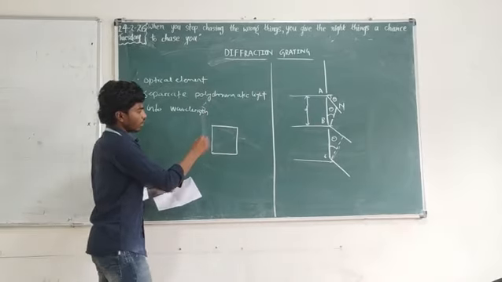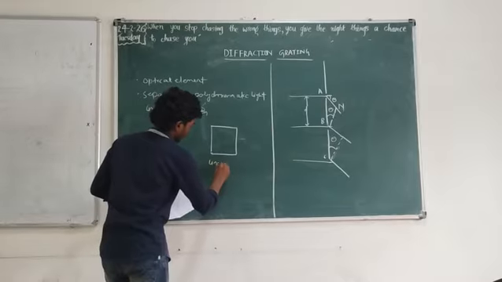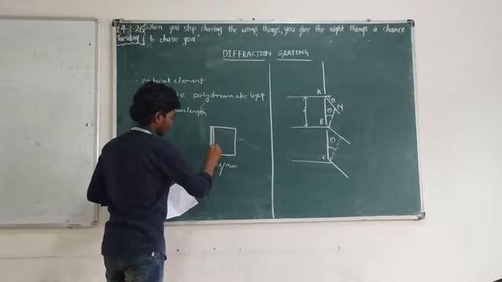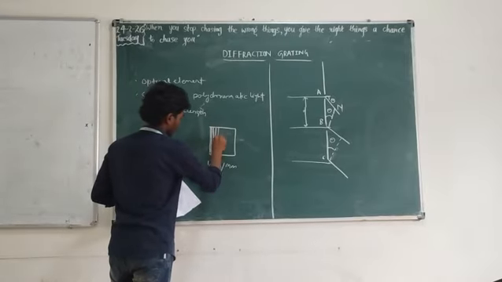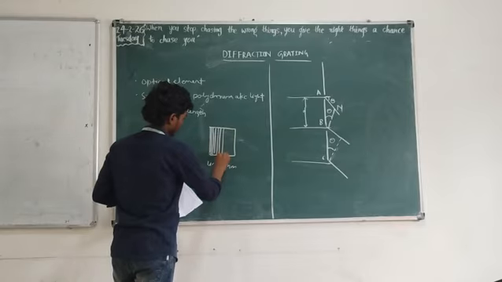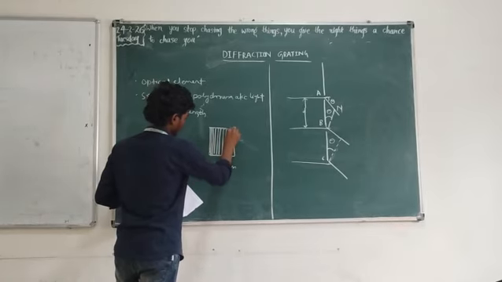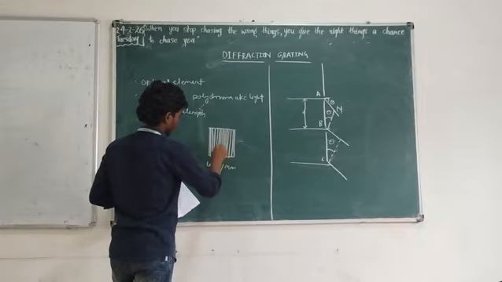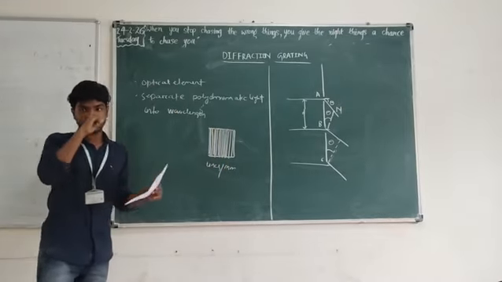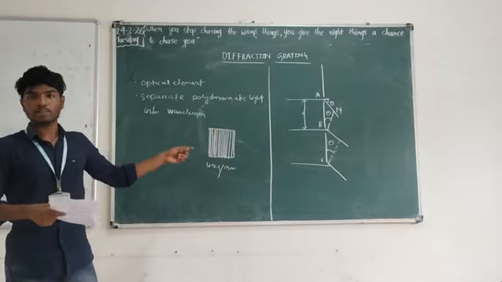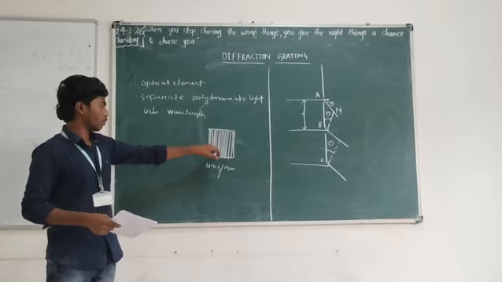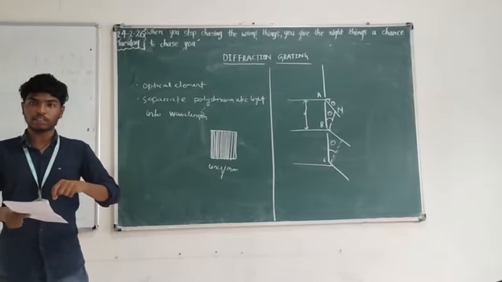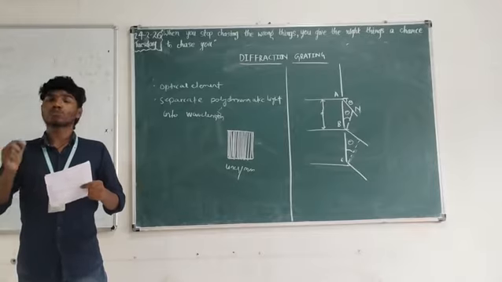If we consider lines per millimeter and natural light, if you look closely you can observe more lines, but due to the space I have drawn only this one line. If we consider 600 lines per millimeter, you can imagine how small they are.